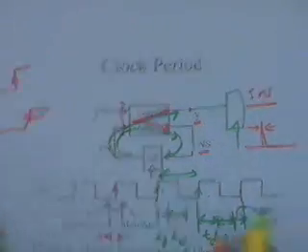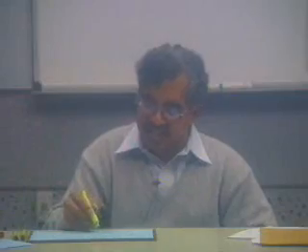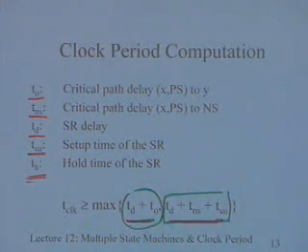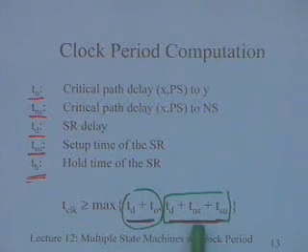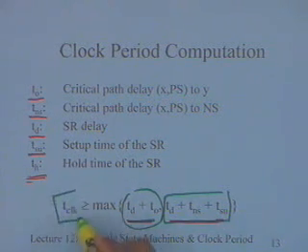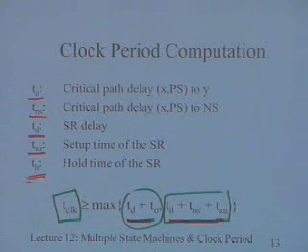Because of all these reasons, any reasonable design tries to impose this condition that output should also be associated in the same clock period. And so TD plus TO is one expression, TD plus TNS plus T setup is another expression, and any clock period that you have should be more than the maximum of these two.